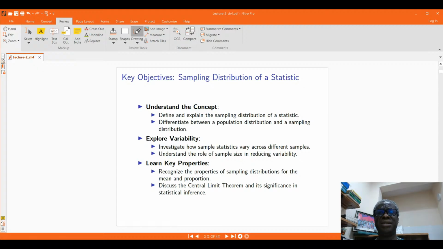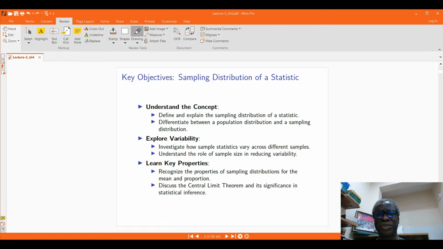The concept of sampling distribution leads to variability of a sample statistic. So we are going to explore variability.